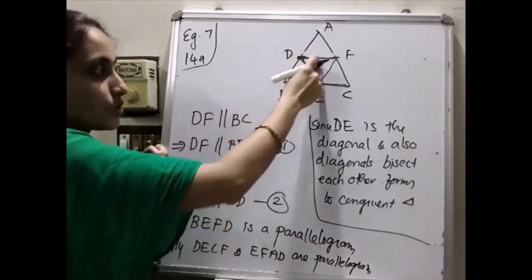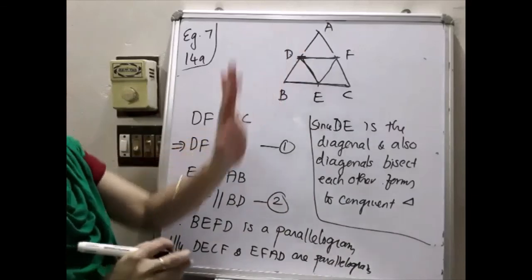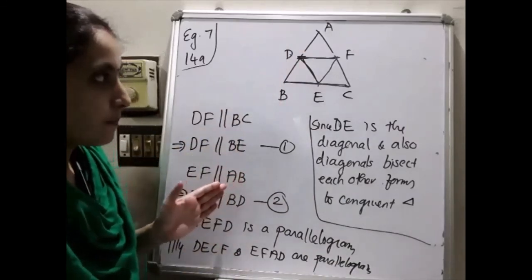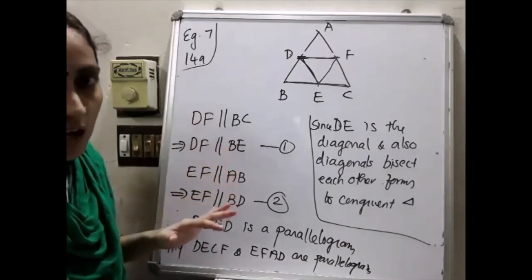Okay, so we got these 2 are congruent. Similarly we got all the 4 triangles are congruent.